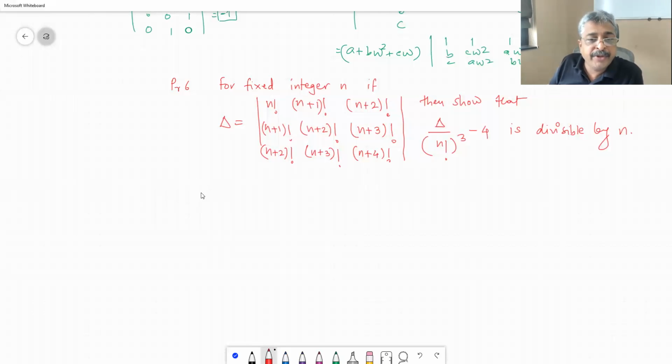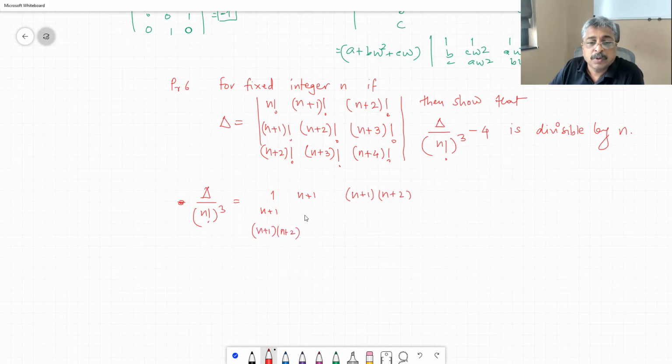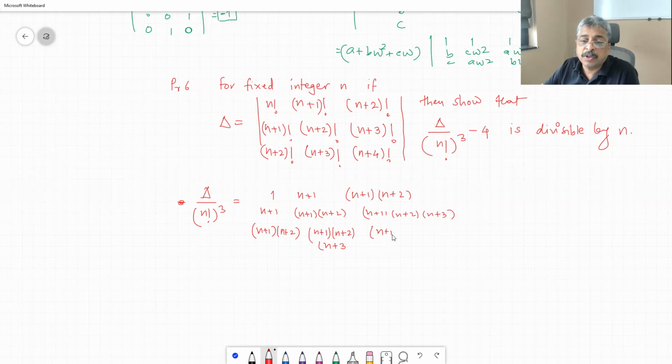Taking n factorial common from every row, delta upon n factorial raised to 3 is equal to the determinant 1, n plus 1, n plus 2; n plus 1, n plus 2, n plus 3; n plus 2, n plus 3, n plus 4.